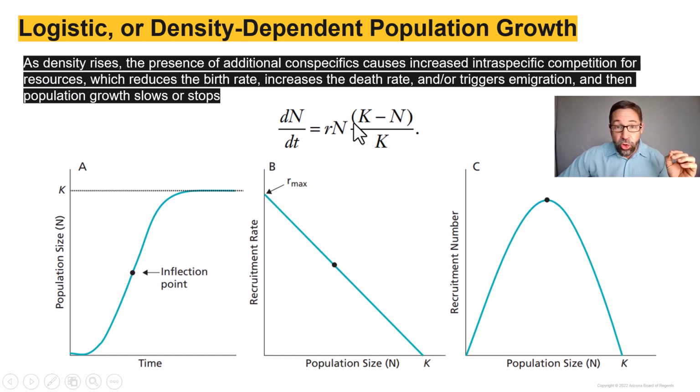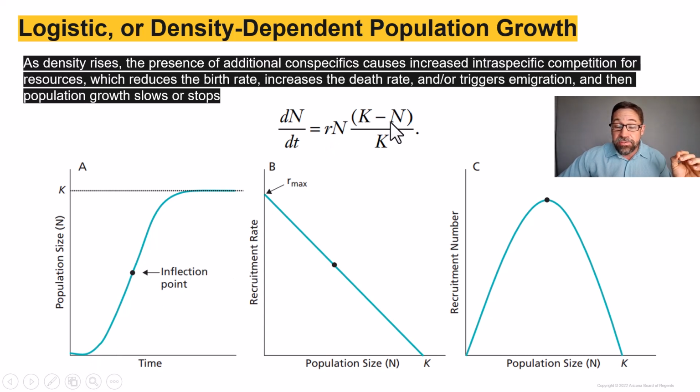Okay, so the term that's driving all of this is this term here in parentheses. So this is the density-dependent term. So essentially, when N is very small relative to K, when the population is very low, okay, this number is going to be close to 1, which means that essentially we're just looking at exponential growth.